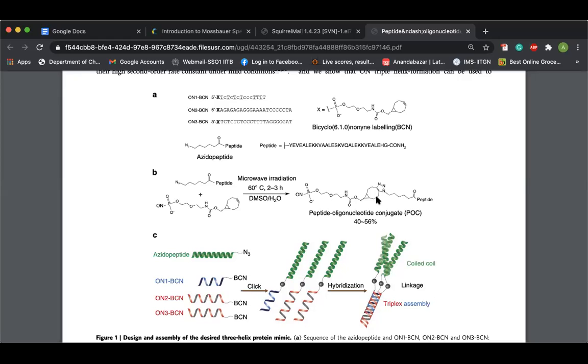One molecule of nitrogen goes out, and they react between themselves and create this triazole ring. Now, once this triazole ring is formed, your oligonucleotide and peptide now become part of the same molecule. And that is how they are creating it. So this black sphere over here signifies this triazole ring.